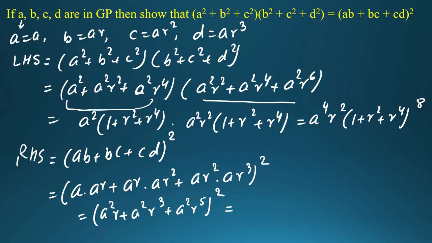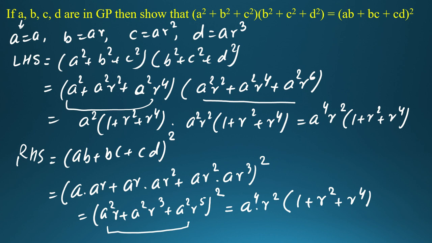Now you see, we can take a square r common, but it is taken common from the whole square. So outside the bracket it will be a to the power 4 times r square, and in bracket you will get 1 plus r square plus r to the power 4 to the whole power. Why am I writing 8 here? It is 2, and here also 2. Now you can see both sides are equal. Like this we can solve this question.